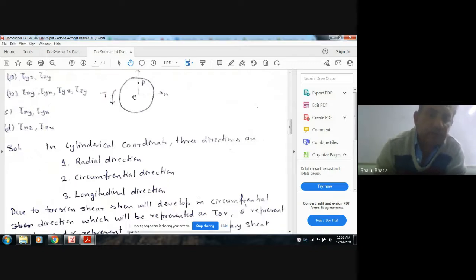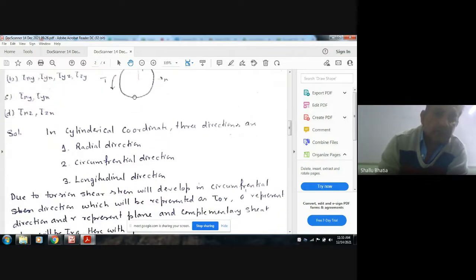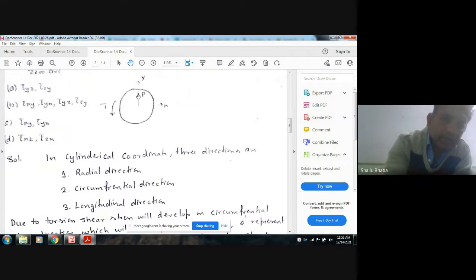It will cause a complementary shear stress in the other plane. So when we consider point P, due to this torque, the shear stress will be generated in this direction, the x direction, on this plane. So this will also cause a complementary shear stress in this plane. So the answer will be tau xy, tau yz.